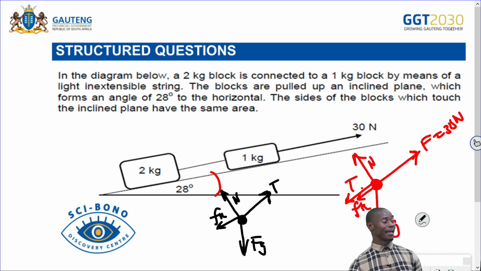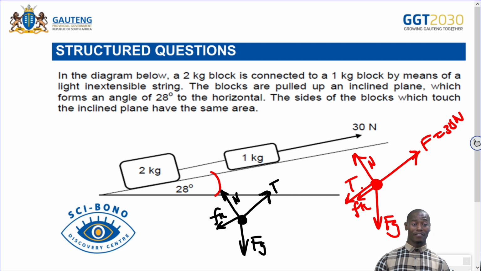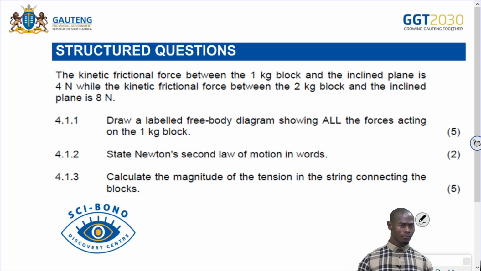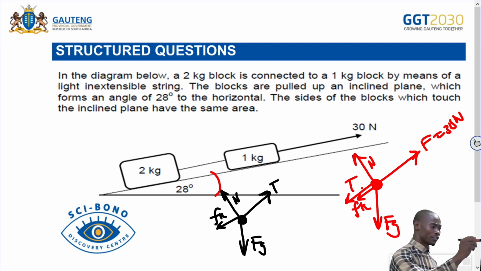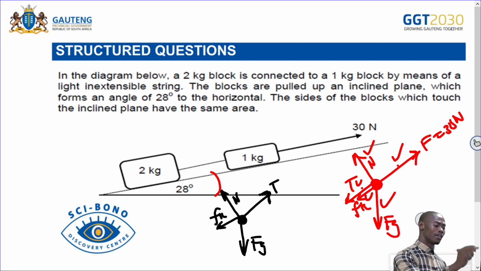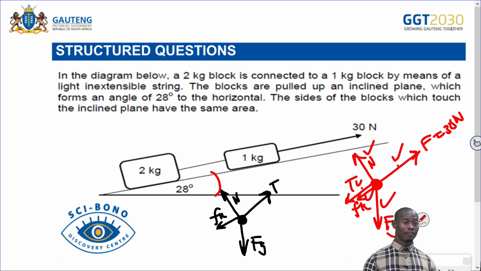But for the 1 kilogram, there are 5 forces. So that is why you can see it's 5 marks there. Why 5 marks? Because of those 5 forces: the normal force, the force applied, the Fg, the tension, the Fk. But for the 2 kilogram, it's 4.